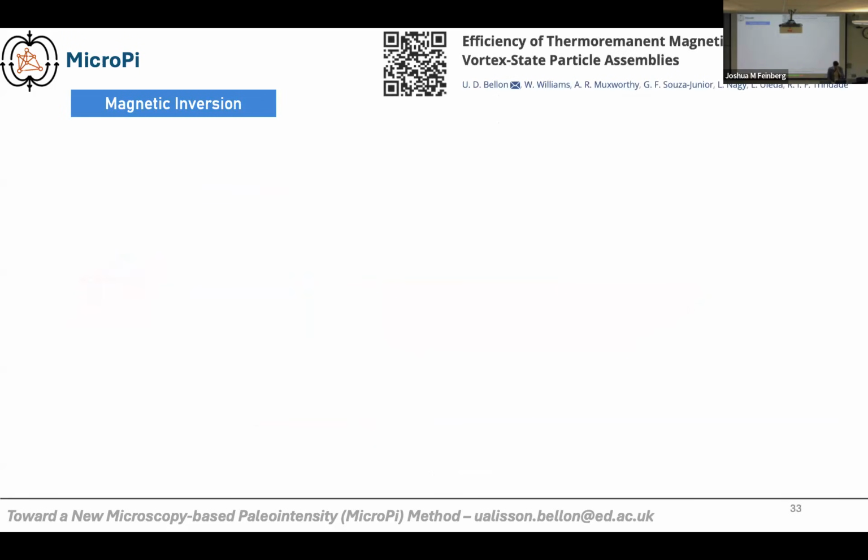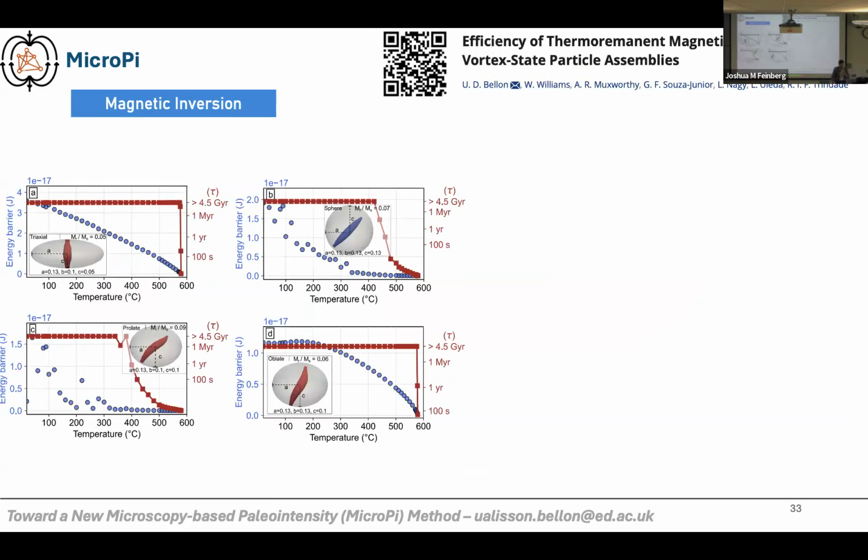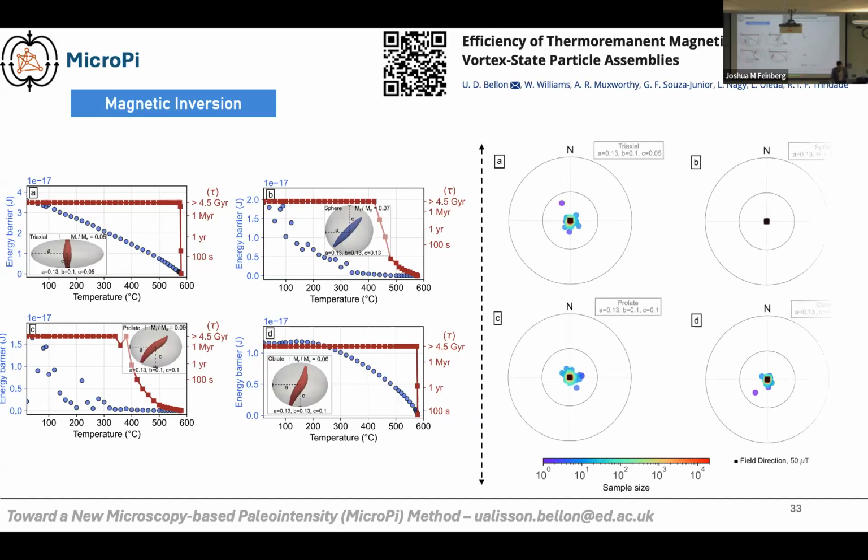And that's important because this year I published a paper with many people who are here and who also collaborated with me. They were trying to calculate how many particles you need to actually acquire a meaningful TRM in the direction of the magnetic field. Within those predictions, as you can see here for triaxial, spherical, oblate, and prolate grains, just a few thousand of them seem to be enough to acquire a TRM that's closer to the magnetic field.